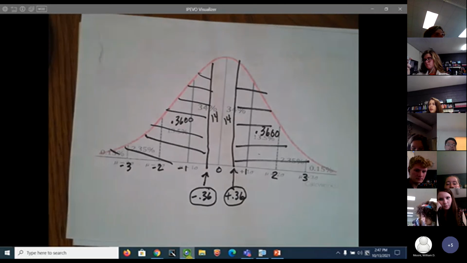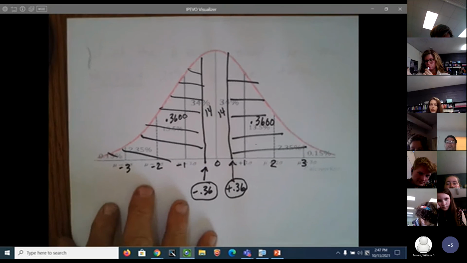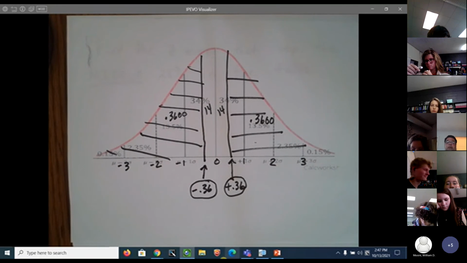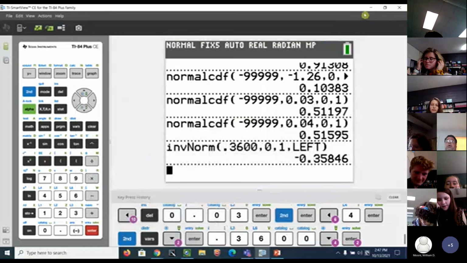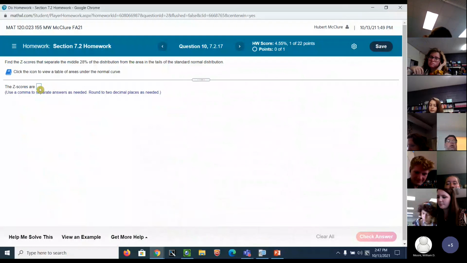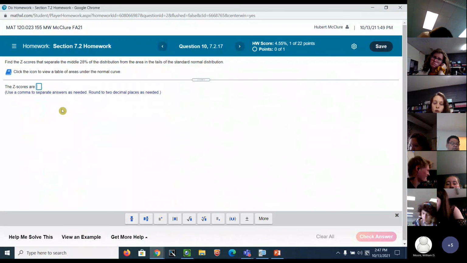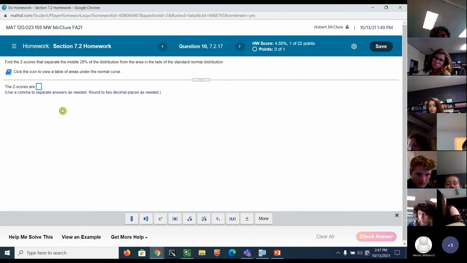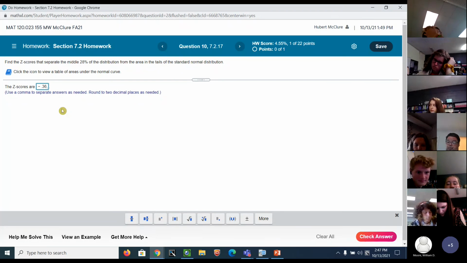So positive and negative 0.36 gives us the middle 28%. So go back to our handy dandy question and type in negative 0.36, comma, positive 0.36.